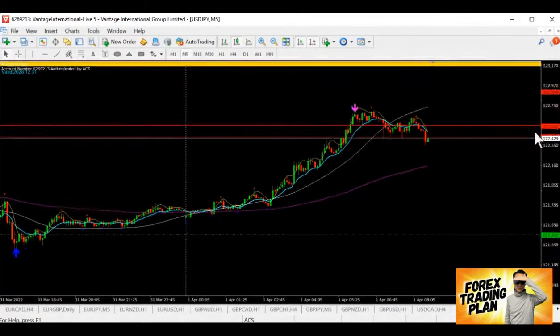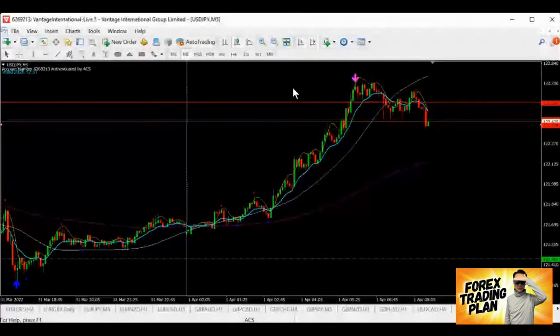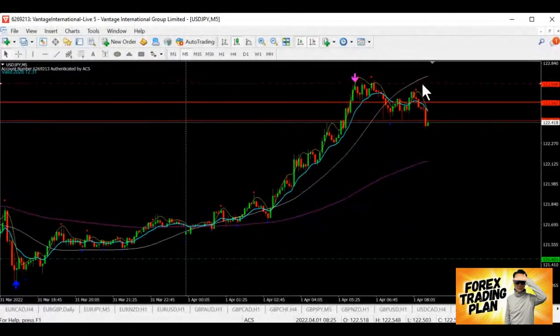So let's see how we are going to do it. I will go down to M5 time frame, a smaller time frame, to take a look at the resistance over here. It has a new resistance, although it's not the previous resistance, which is higher up.